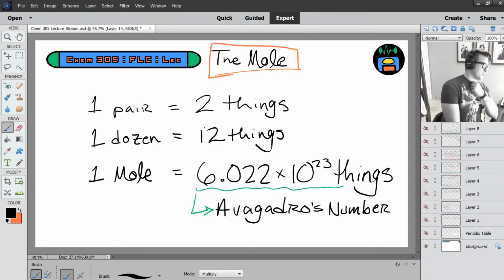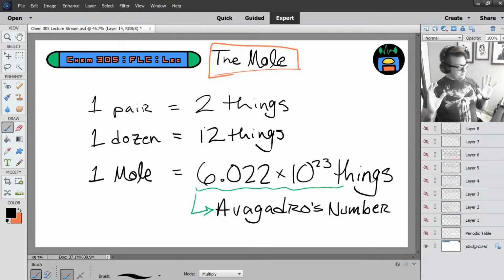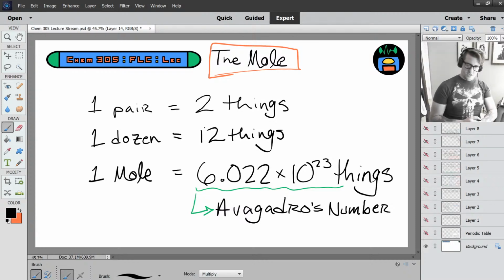It's super important. We're going to learn it a lot, and we're going to use it a lot in this chapter. It basically just allows you to convert back and forth between different quantities.